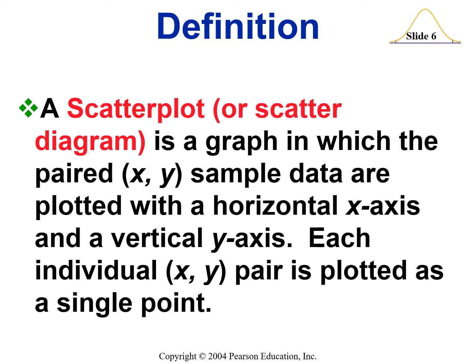Scatter plot is a type of graph representing paired points. So this is X and this is Y variables. So we plot each point, where each point represents paired values of X and Y.